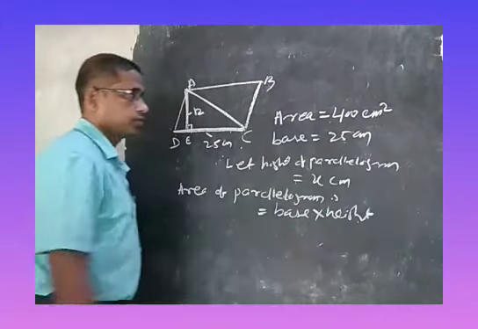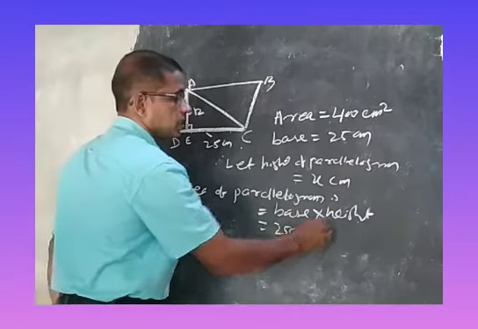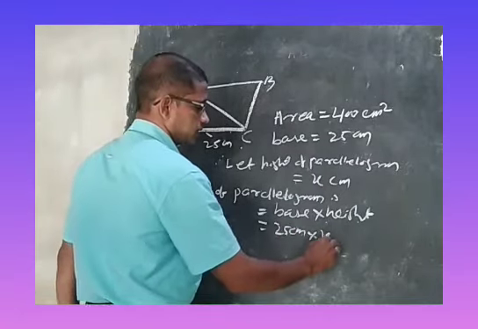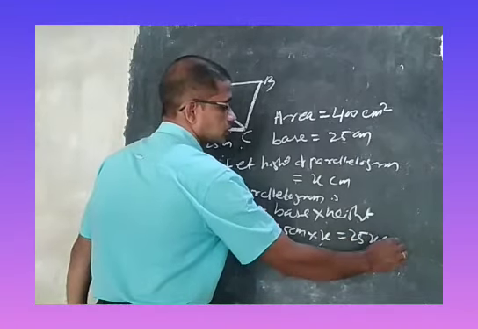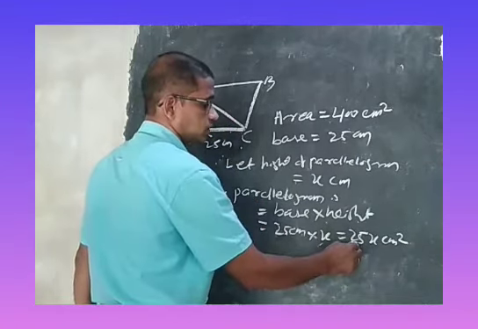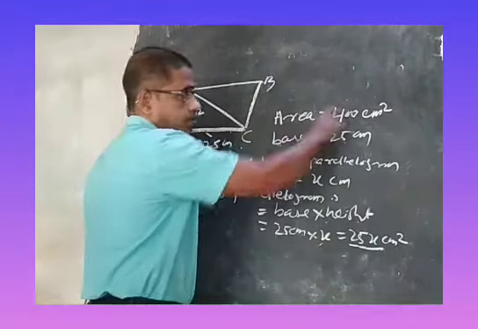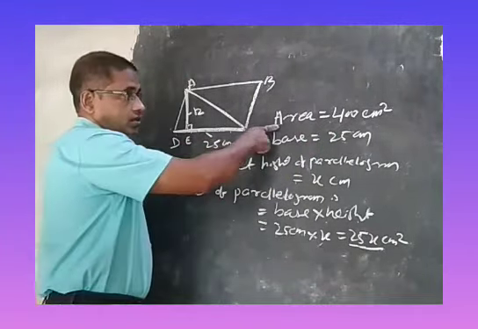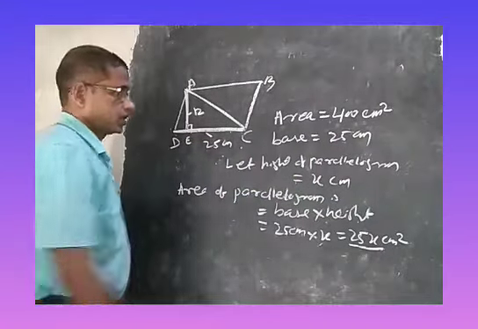Putting the value of the base 25 centimeters and the height x centimeters, we get 25x square centimeters. This is equal to 400 square centimeters, because the area is given in the question as 400 square centimeters. Then you equate it.